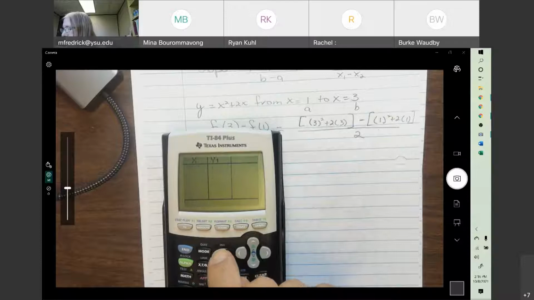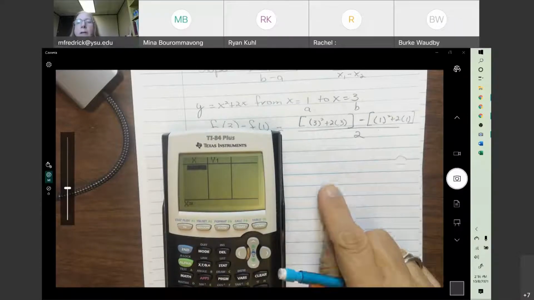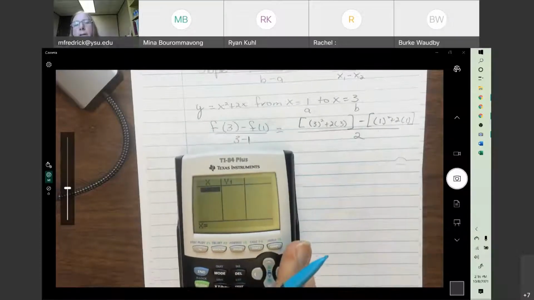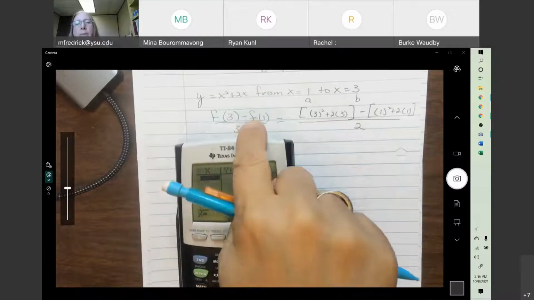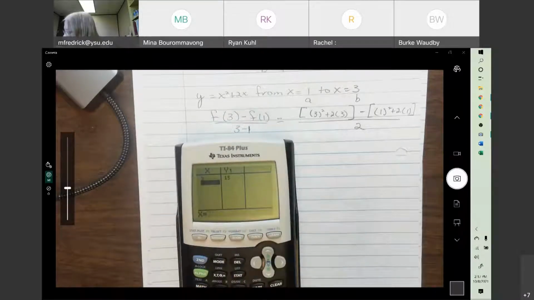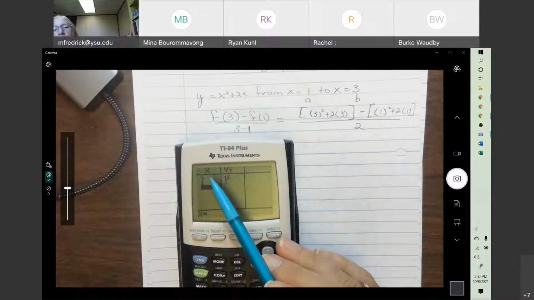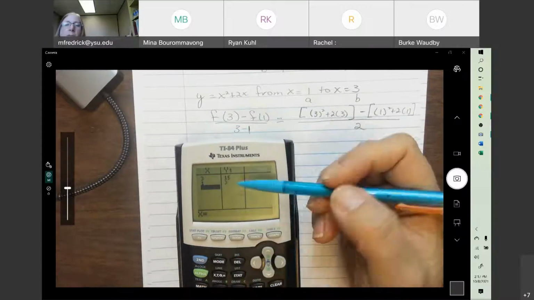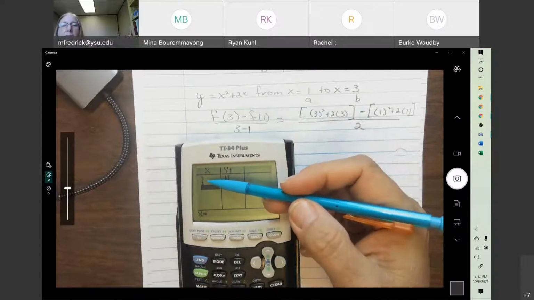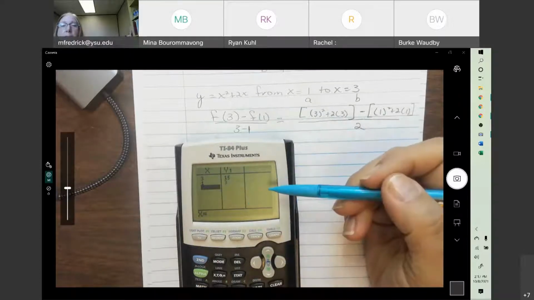I want 3 and 1. Notice it's giving you your points, your X and your Y points. So then you can subtract your Y's, subtract your X's, and divide them.